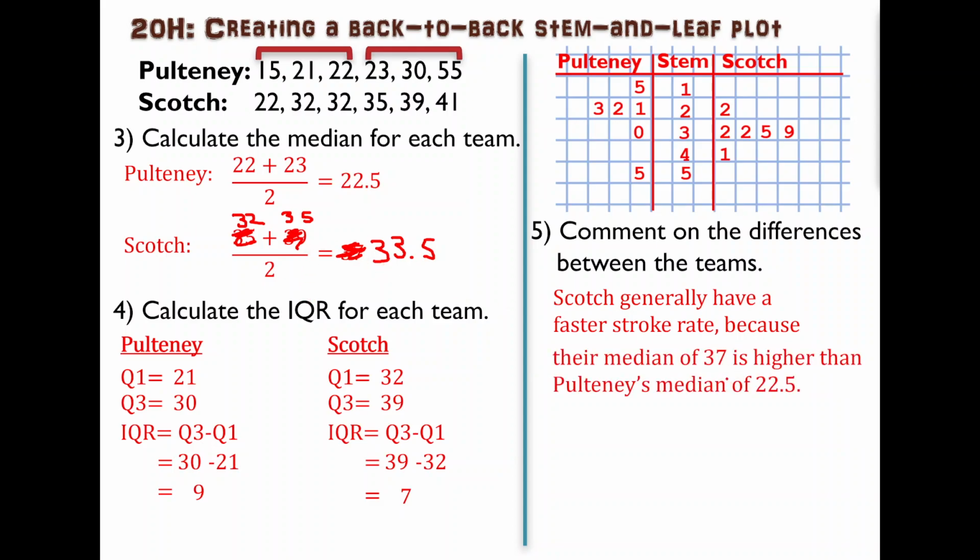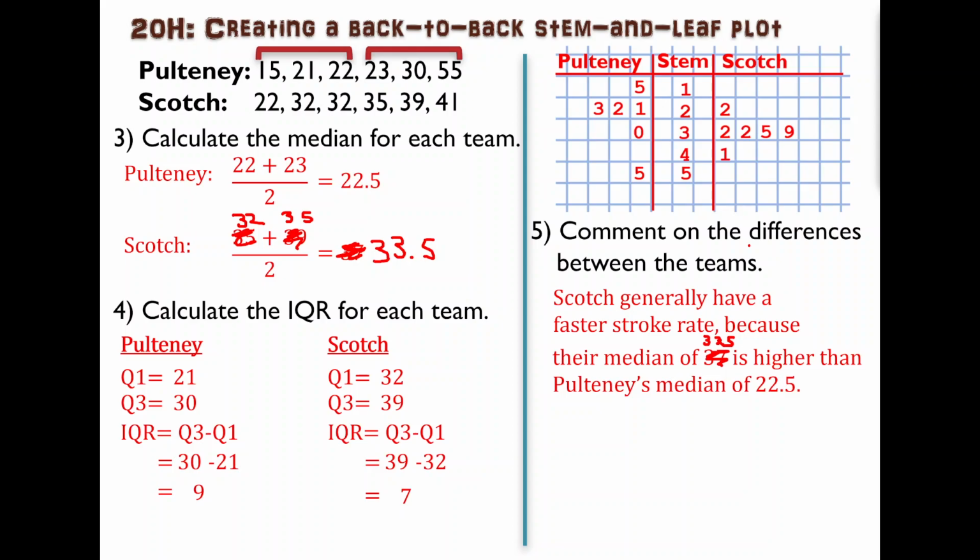Their median, well, it says 37 here, it's actually 33.5, I think. 33.5. So the median gives you an idea about how high or low the results are in general. Their median of 33.5 is higher than Poultney's median of 22.5. You can see how this is a better answer than just saying faster stroke rate. We're giving a real reason for it, right? It's a really strong argument for why their stroke rate is better.